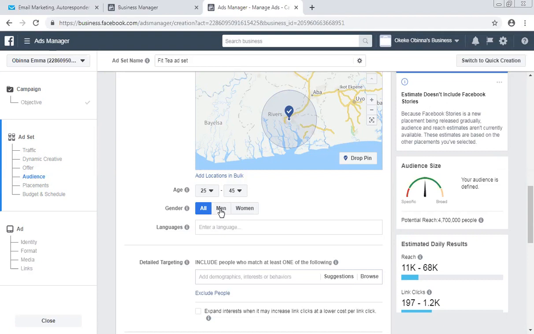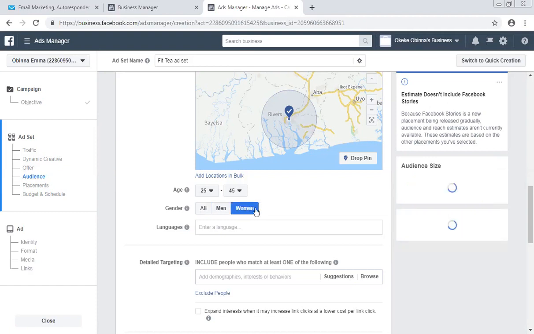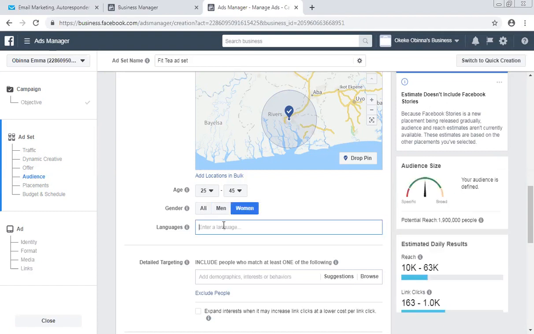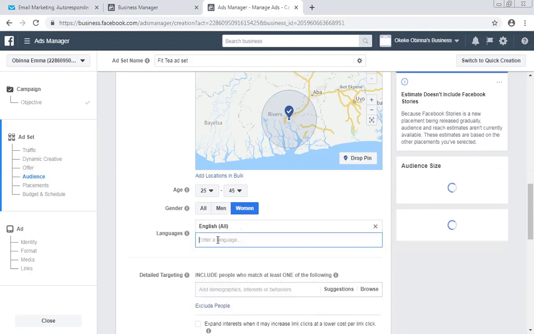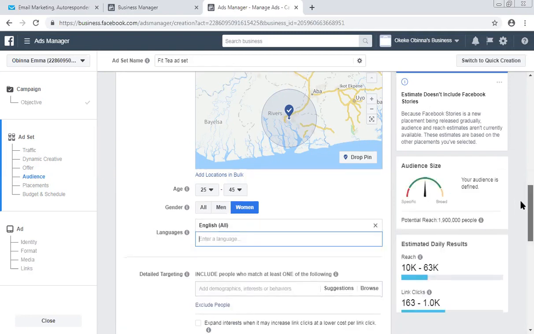That means your marketing message has to be different. Okay? So for the sake of this training, I will choose women. Language, use English all, so whether it's UK, US, we are using all of them.